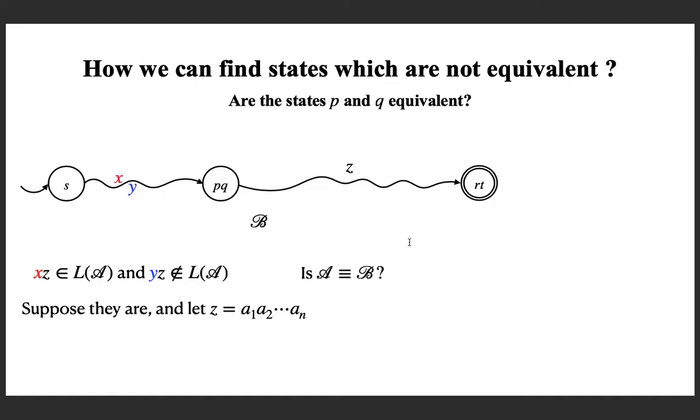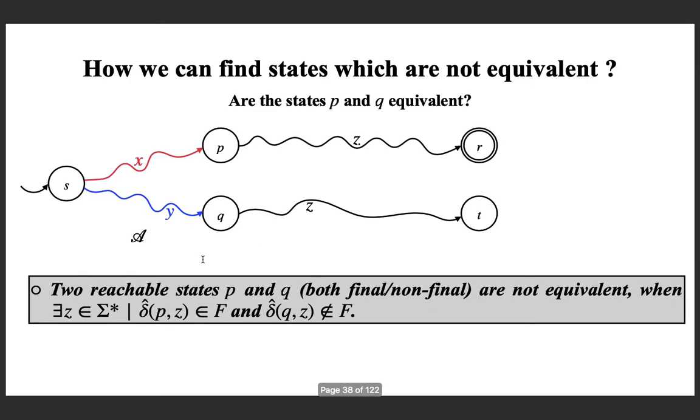Now, you consider the other possibility where the state RT is made a final state, then in the resulting machine B, both XZ and YZ are in the language, which is different than this because here YZ was not in the language. So, in this case as well, A and B are non-equivalent.